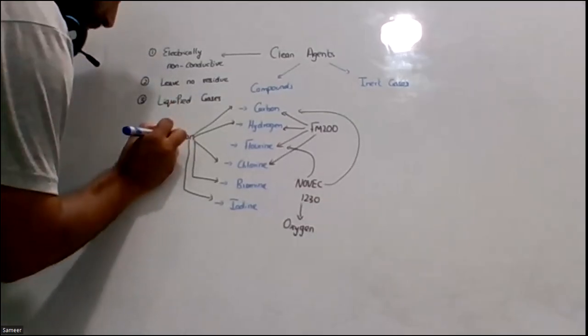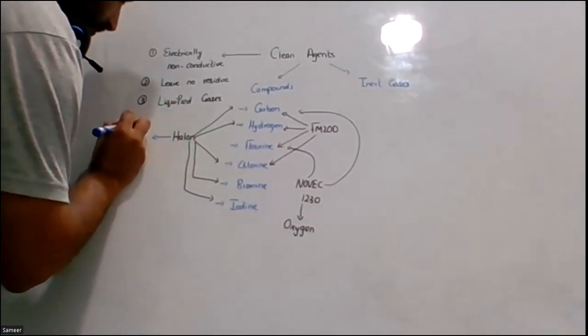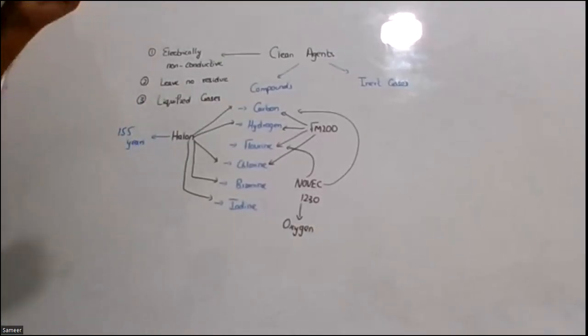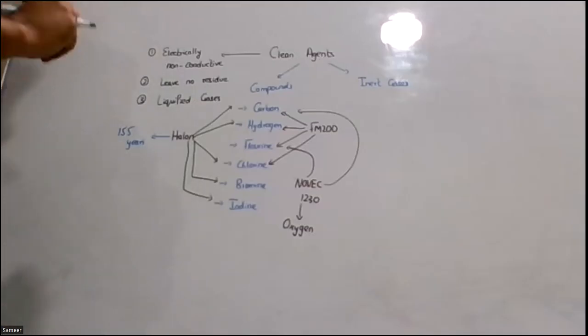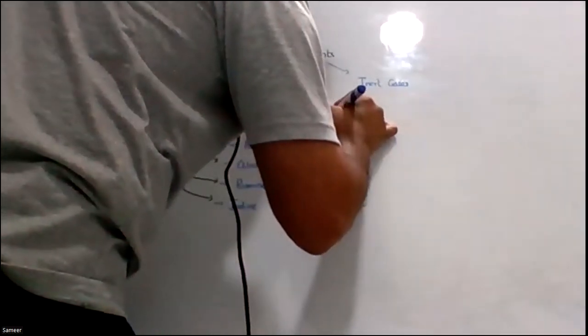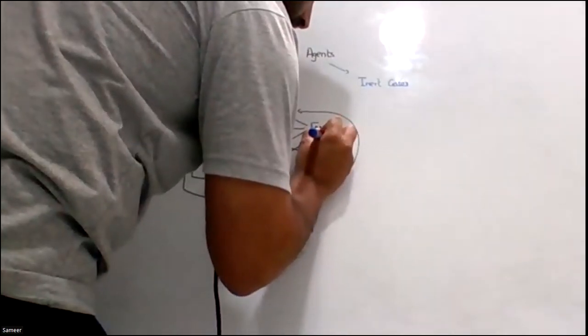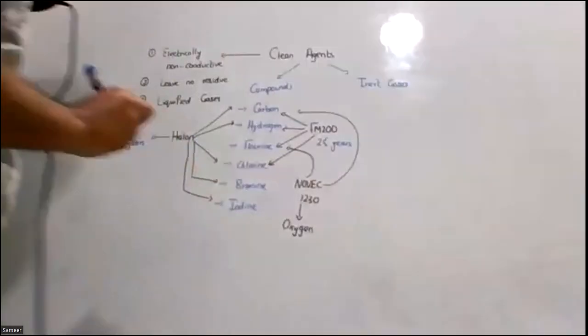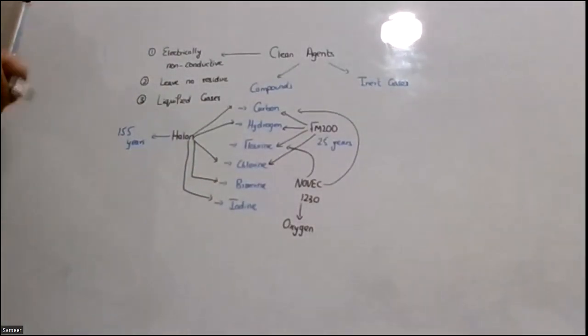Halon, when released into the atmosphere, remains there for 155 years. FM200 remains in the atmosphere for 20 to 25 years, which contributes to global warming.